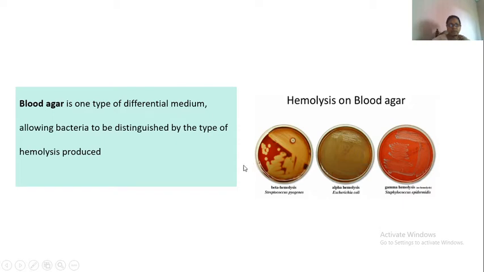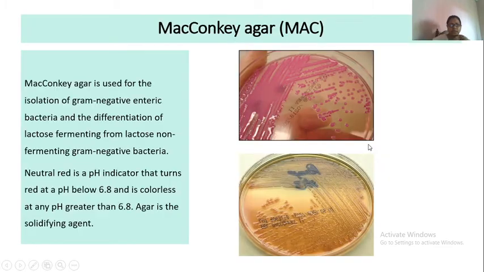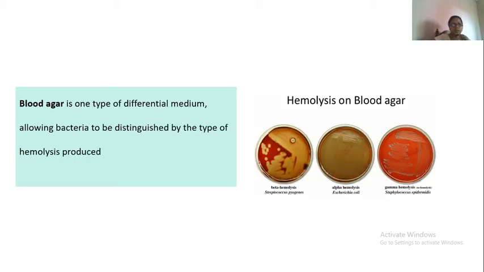So it is not necessary that you always see a color, then only you can call it a differential media. The bacteriological medium can differentiate bacteria based on any character. For example, you can see the difference between MacConkey and blood agar. In MacConkey, the differentiation was done based on the color of the colony due to the presence of an indicator. Here you don't have an indicator, you have the RBCs of the blood agar that are being lysed.